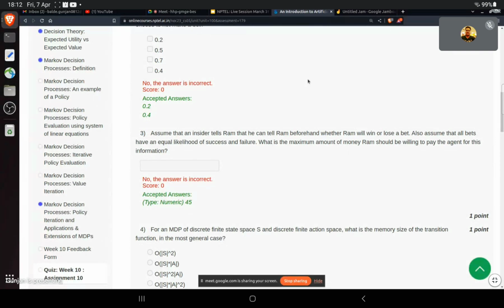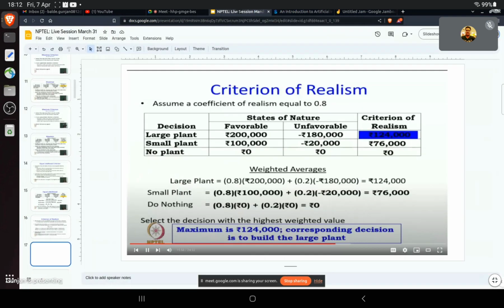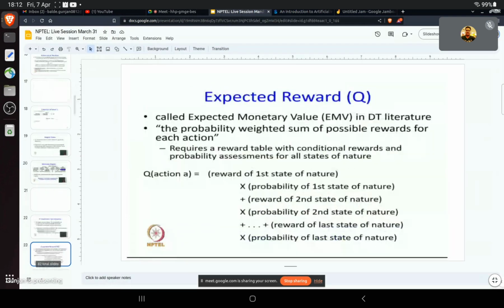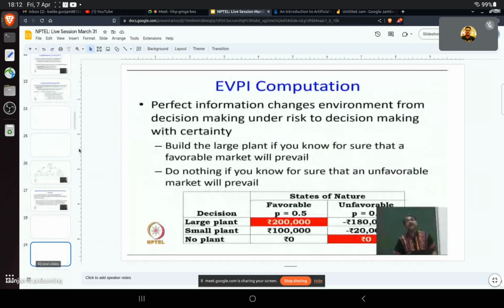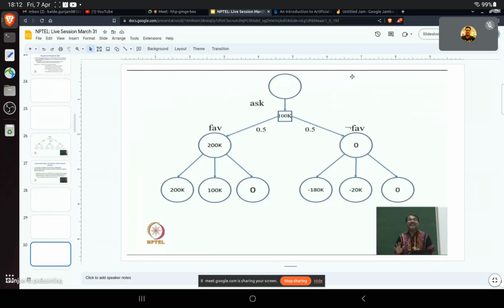So what is the amount of money Ram should be willing to pay, right? So for that, we will follow this equation that we studied. So it is the expected value of perfect information, right? And using that, we will compute whatever we have.